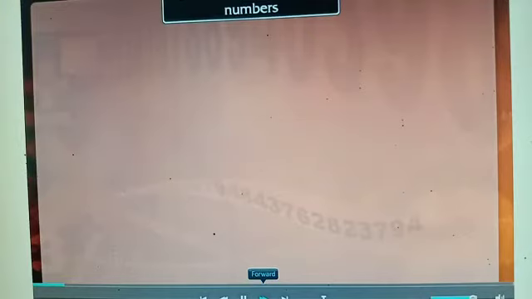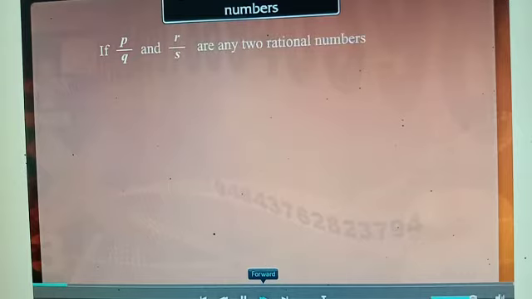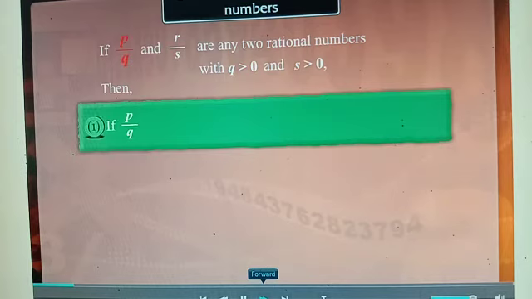Order relation of rational numbers. If p upon q and r upon s are any two rational numbers, with q greater than 0 and s greater than 0, then first, if p upon q is greater than r upon s, then ps is greater than qr.